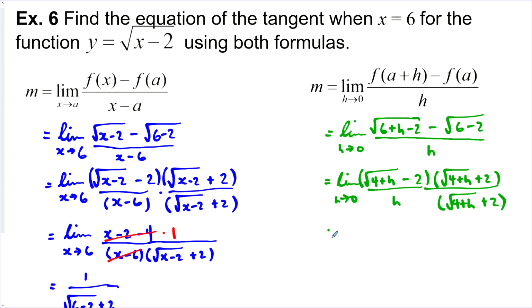And then we're going to multiply in the numerator, but not the denominator. So in the numerator we get 4 plus h minus 4. In the denominator we've got the h, and we've got this conjugate. And the 4 minus 4, they're going to cancel out. And I'll do it in one step this time, but the h that's left and this h will also cancel, and we'll be left with 1 in the numerator.